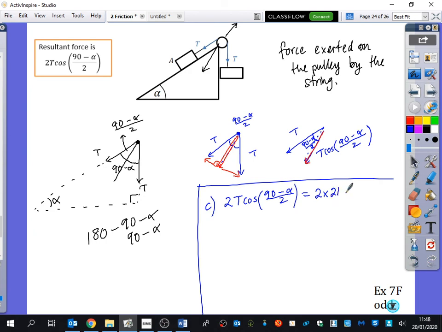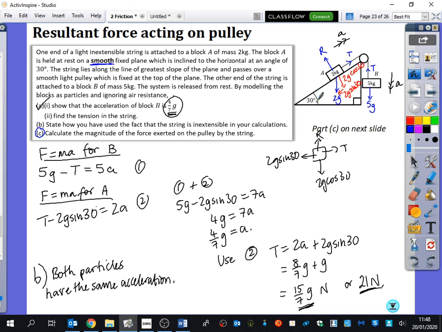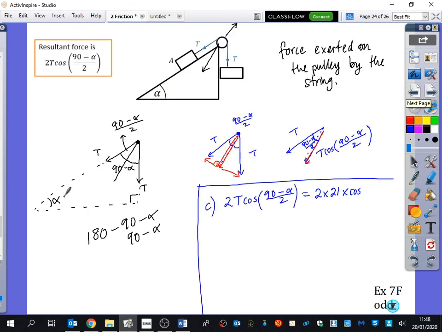So it's 2 times 21 times the cos of, well, I think in our question it was 30 degrees. So instead of this being alpha, this is 30. We know this whole thing up at the top would have been 60, so each of those is 30. So it becomes 30, because 90 minus 30 over 2 is just 30.